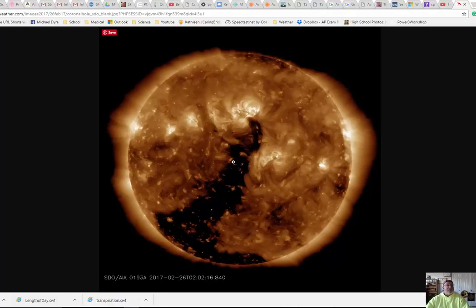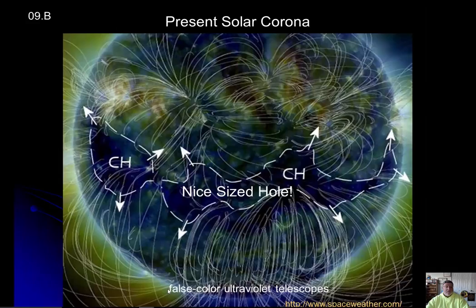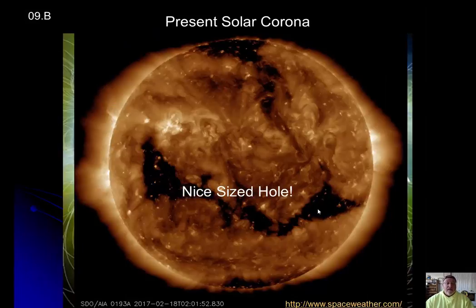So if we had a pretty good opening right there, we would have some issue. Okay, so here was the nice hole, and you can see it is more equatorial, and now it's more polar. Maybe this one opened up and maybe this one came down, I don't know, but you can see there are quite a few holes, very large holes, very nice sized holes.